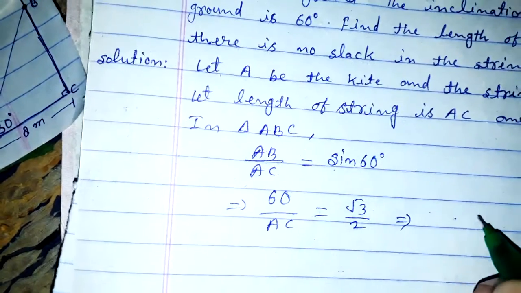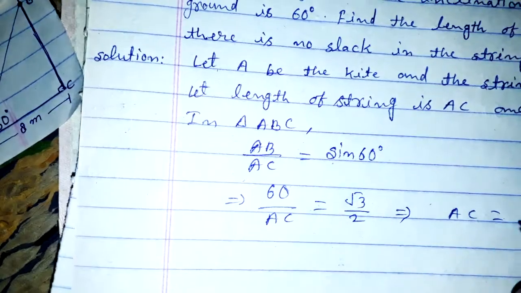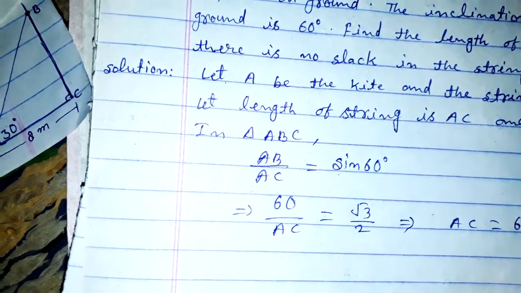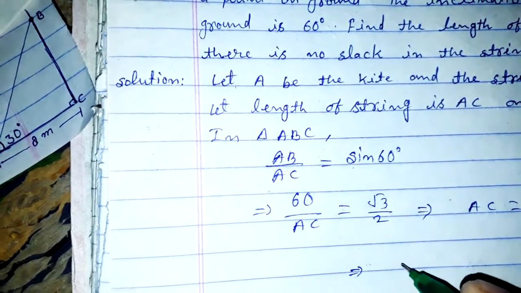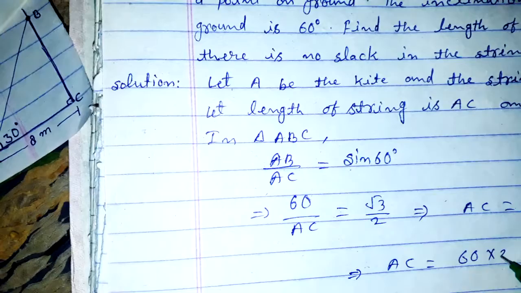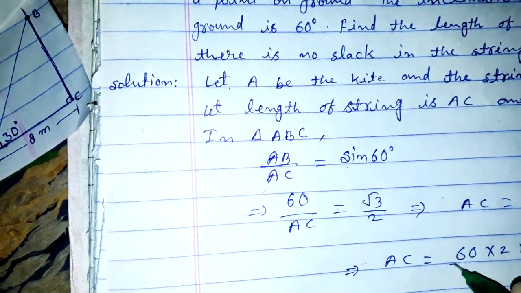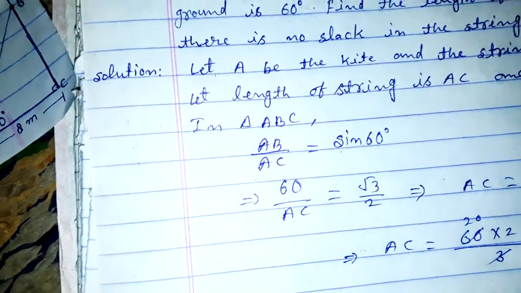This implies that AC is equal to, cross multiplying, 60 into 2 upon root 3. Rationalize the value. So AC is equal to 60 into 2 into root 3 upon 3. So this cancels, this is 20.